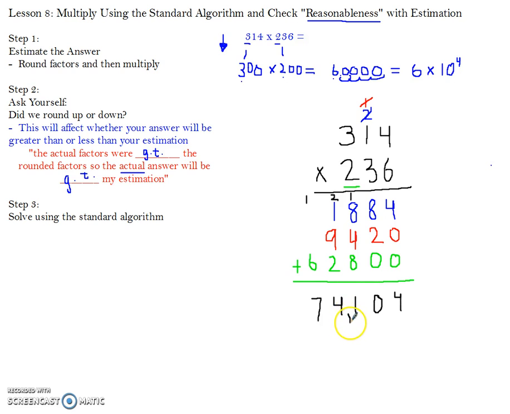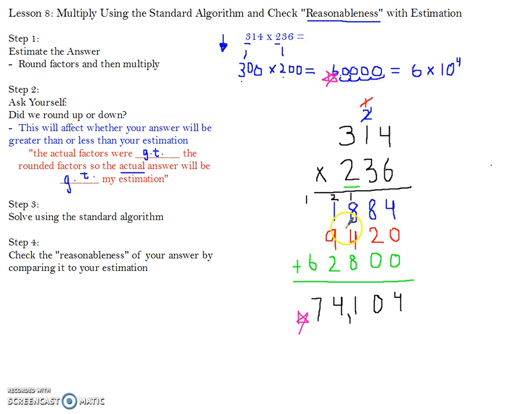So my answer using the standard algorithm is 74,104. The final step is to check the reasonableness of your answer, and you're going to do that by comparing it to your estimation. Our answer was 74,104, and we're going to compare it to our estimation of 60,000.